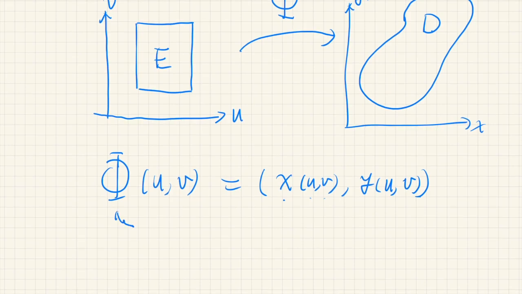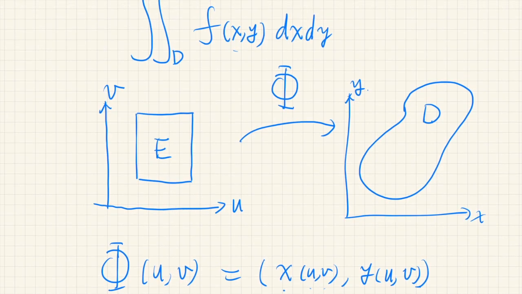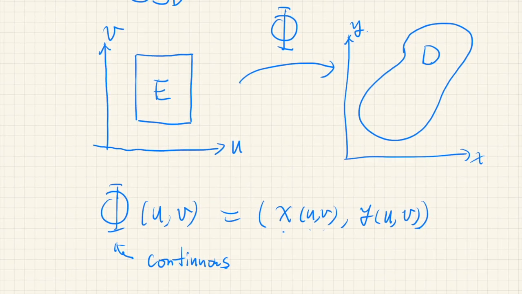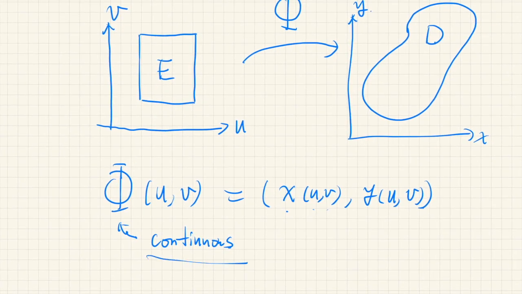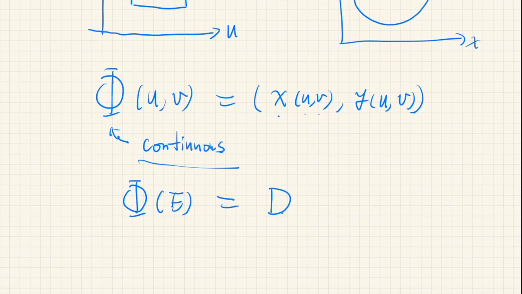This must be continuous, otherwise a bounded closed region may not be mapped to a bounded closed region. But if we assume continuity, then it is the case. The image of E by the map phi is D.